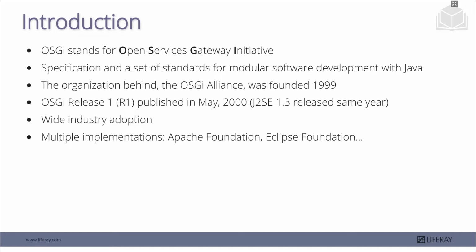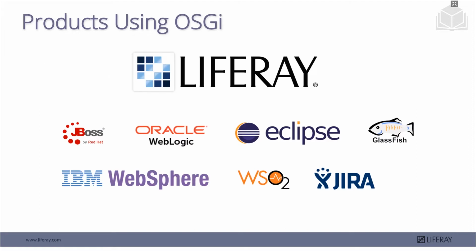Since then, a lot of development has been put into it, and many different companies have adopted OSGi. Now, the actual implementation of OSGi does have some variants. Different companies, different foundations have implemented OSGi a little bit differently, but we'll get into that a little later.